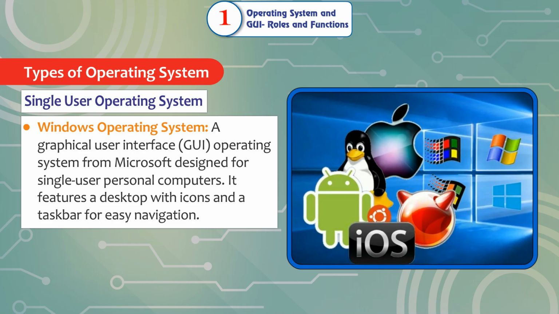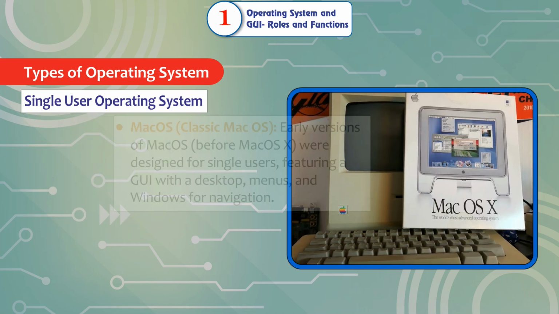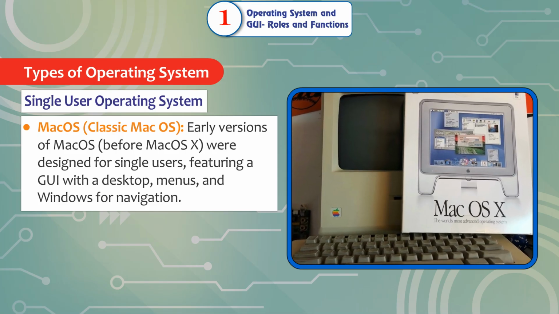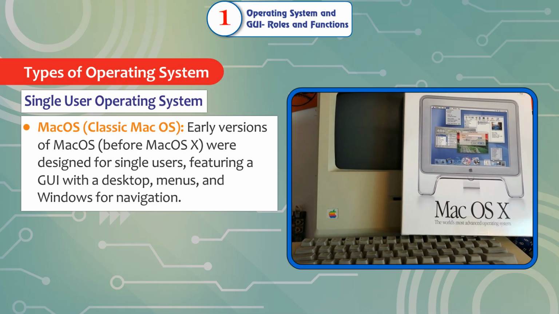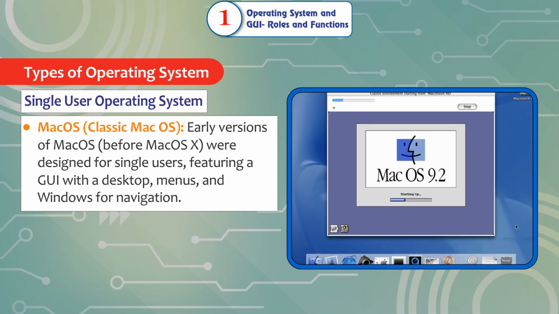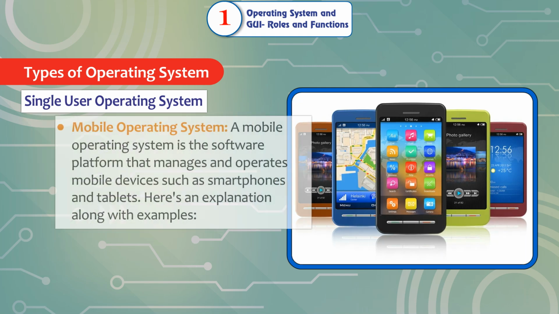It features a desktop with icons and a taskbar for easy navigation. macOS, classic macOS. Early versions of macOS, before macOS X, were designed for single users, featuring a GUI with a desktop, menus and windows for navigation.